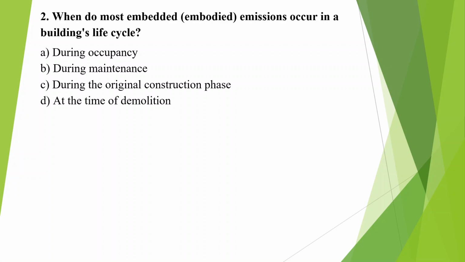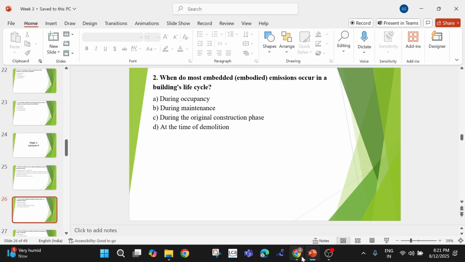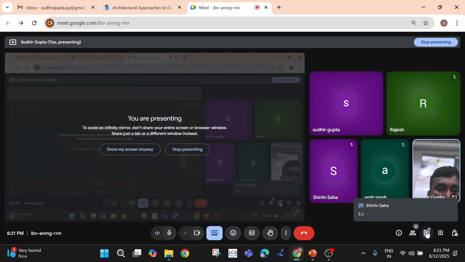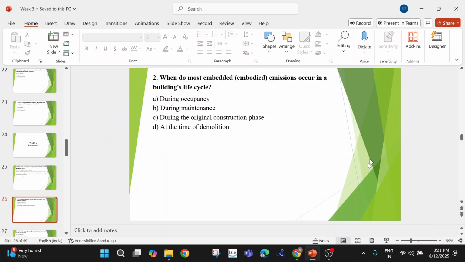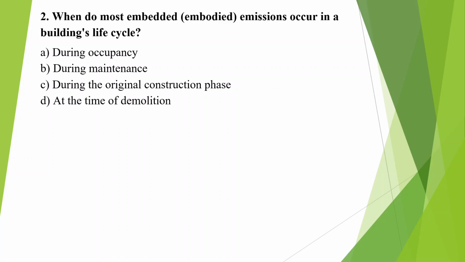Let's see. Rajesh, I think he has answered, and Rajesh has answered option C. I can see Shilin has also answered C, but it is going for option D. Let me have a short discussion regarding that. When you're talking about embodied emissions during the building life cycle, you can see that during the original construction phase, a lot of emissions are there.